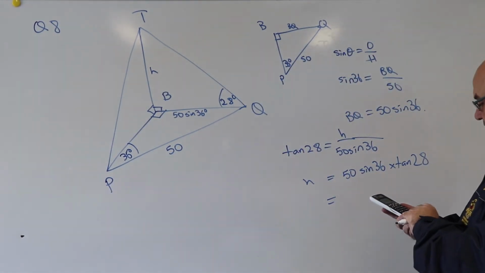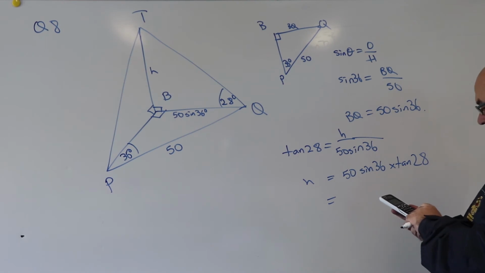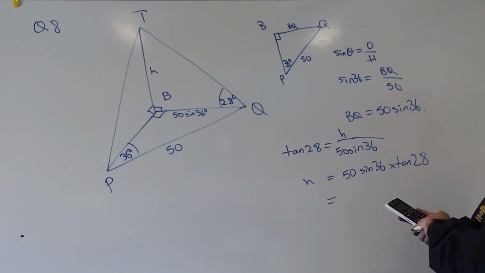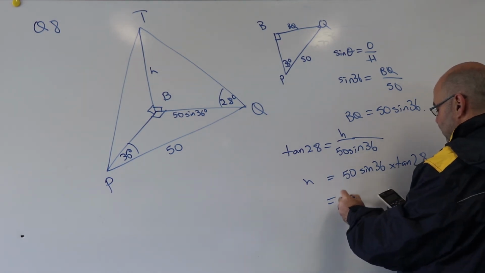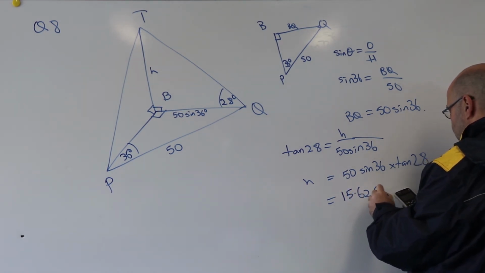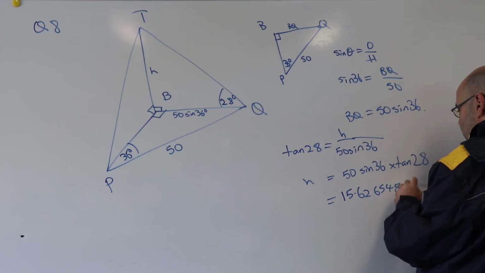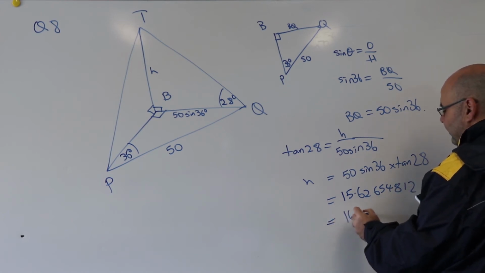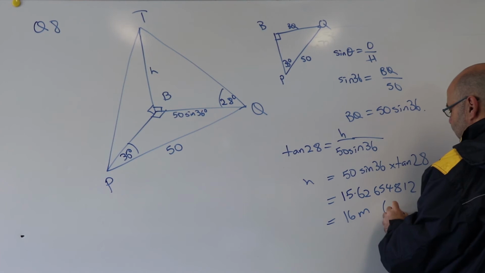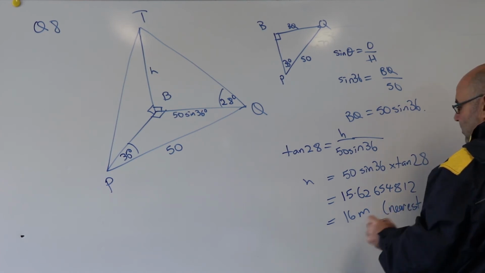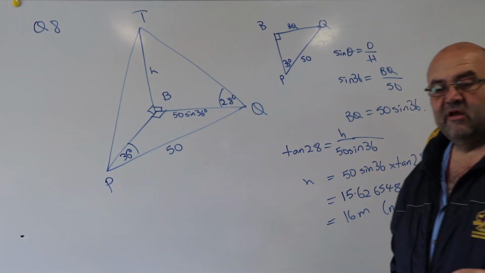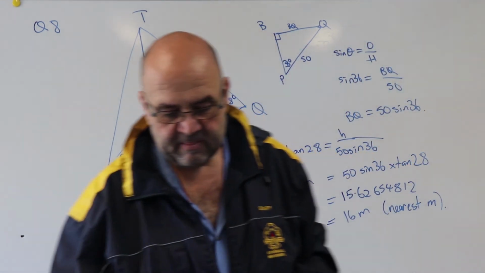So we've got 50 times the sine of 36 degrees times the tan of 28 degrees is 15.6. The nearest metre is 16 metres. That's a tall tree, okay? So the height of our tree is 16 metres.